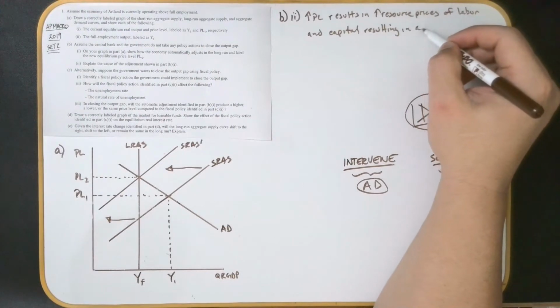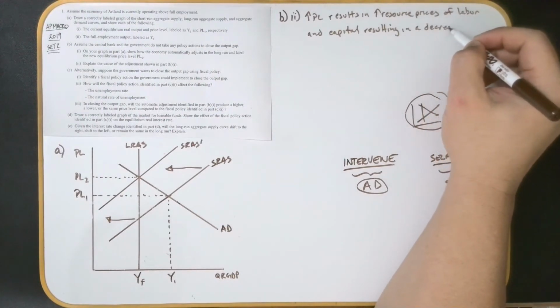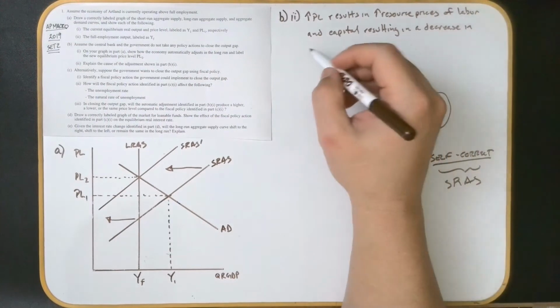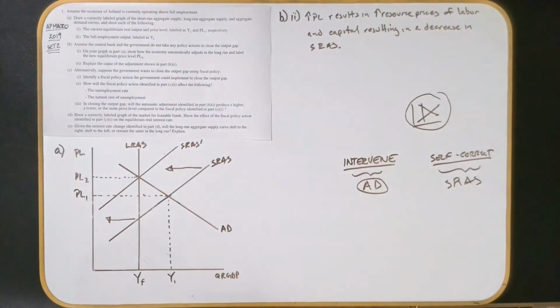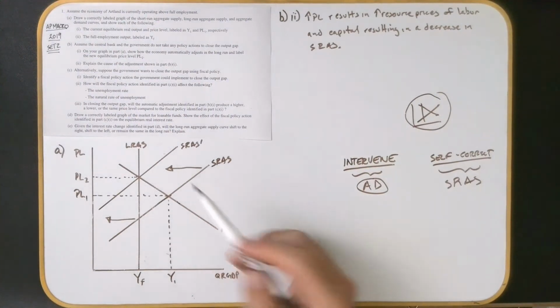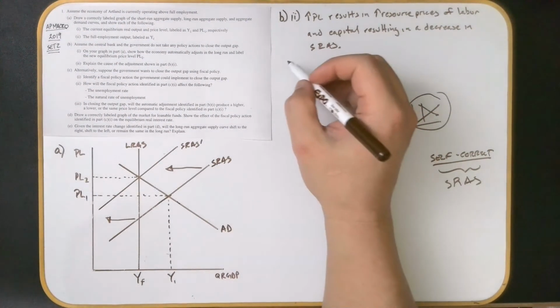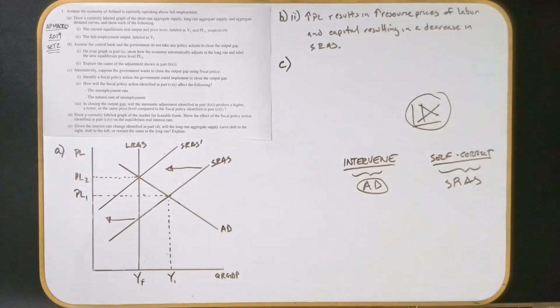Resulting in a decrease in short-run aggregate supply. Okay, things got more expensive, and they just decided to supply less. That'll cover it. All right, part C.